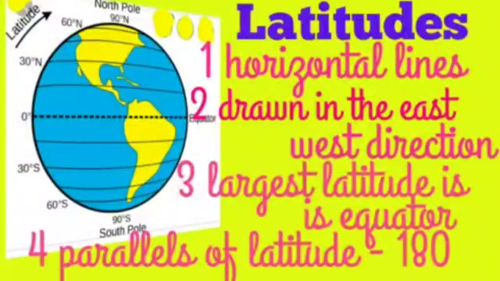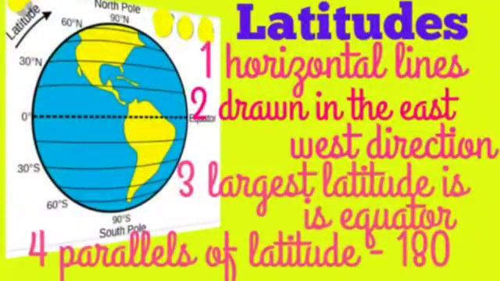The parallels of latitude to the north of the equator are known as north latitudes, and those to the south of the equator are known as south latitudes. So there are 90 lines to the north of the equator and 90 lines to the south of the equator.